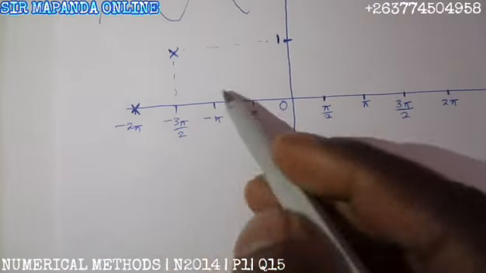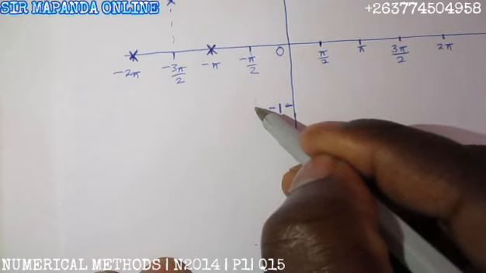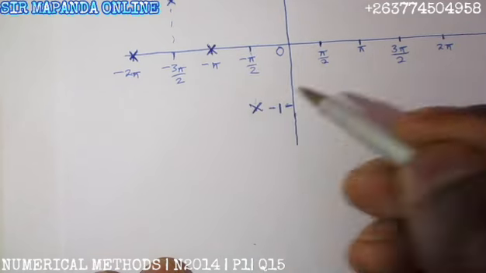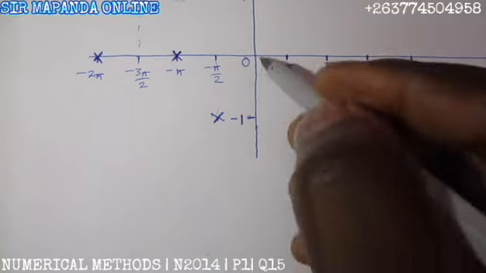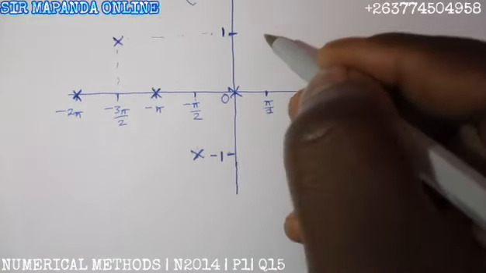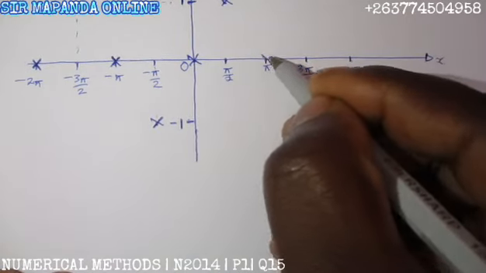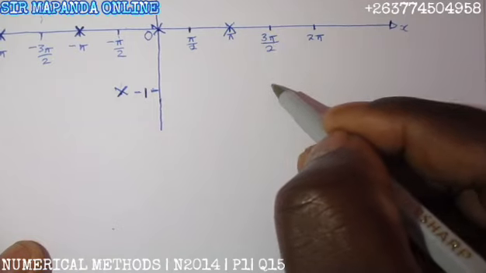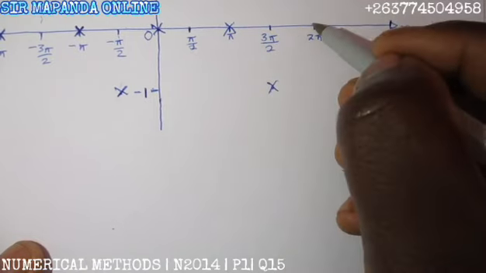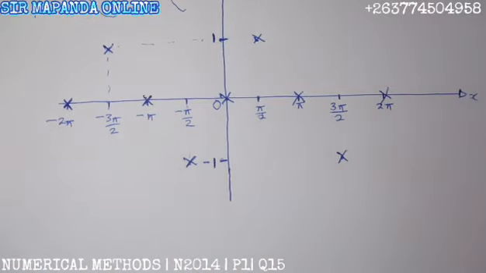So it means here we have 0, and here we are going to have -1. Then sin 0, you get 0. Then sin π/2 gives you 1. Sin π is 0. Sin 3π/2 is -1. And sin 2π is 0.